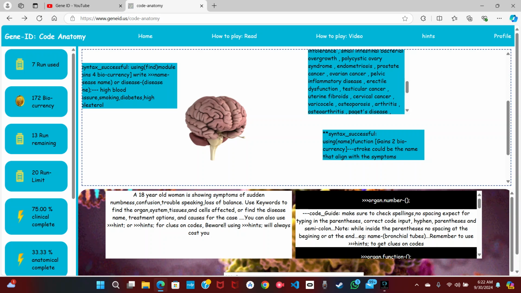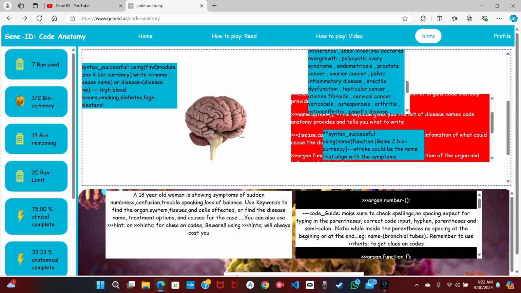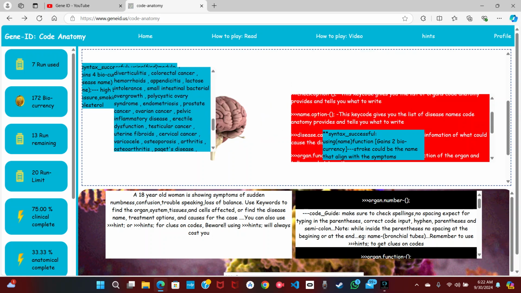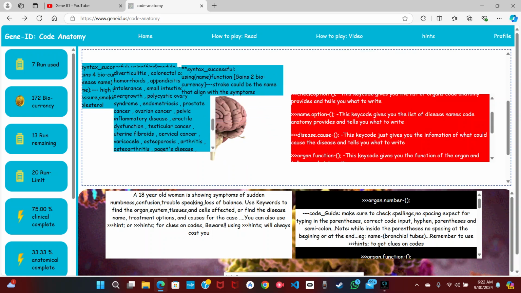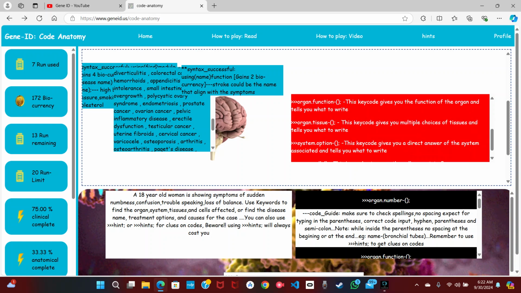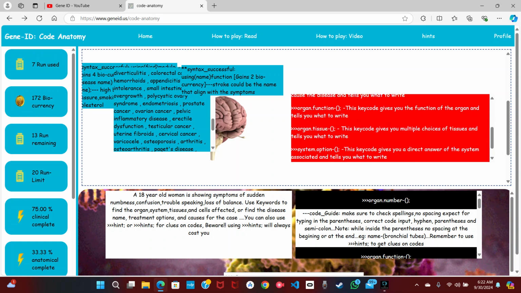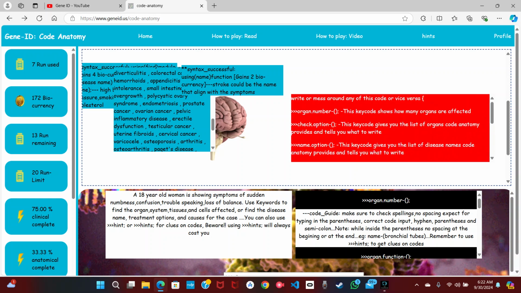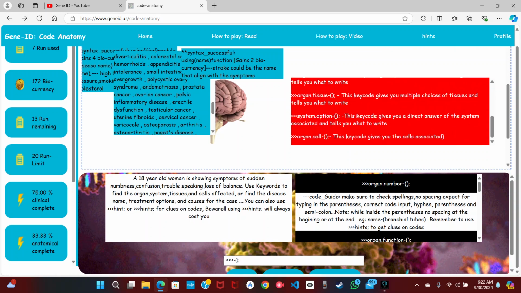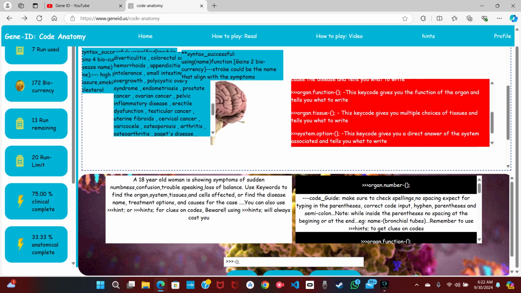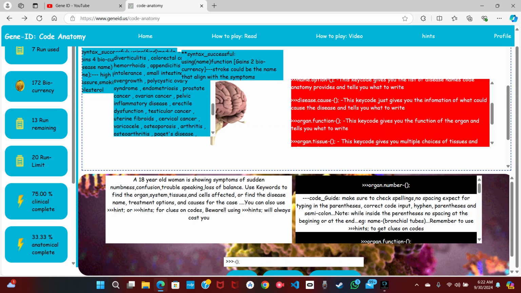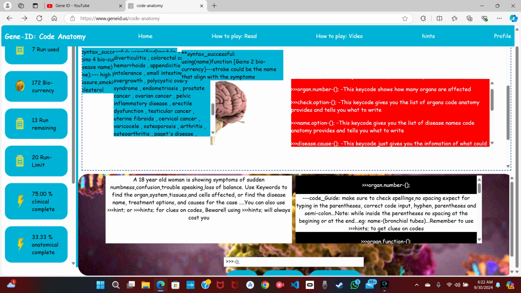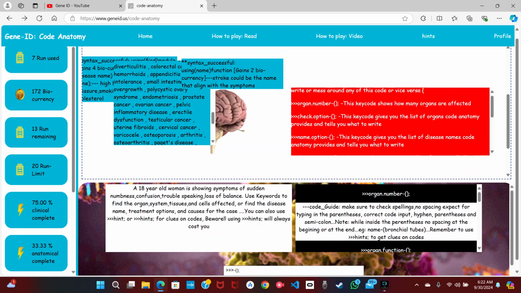So it says here treatment options. So let's try and see the hint that is associated with treatment. Let's see what we can find there. Okay, so treatment, treatment, treatment. And for some reason, it's not here.